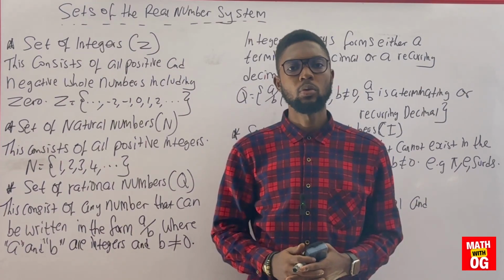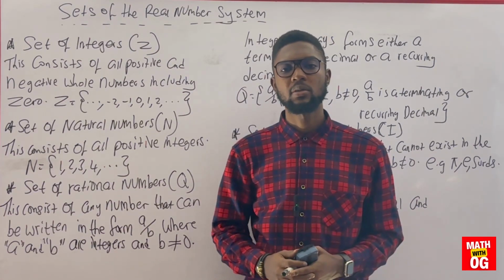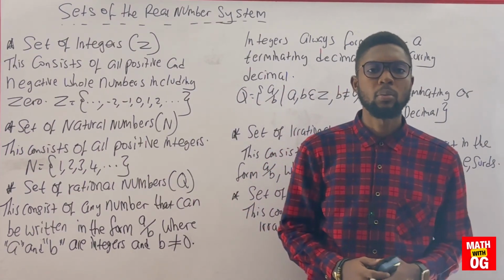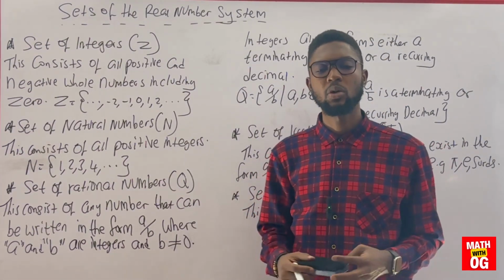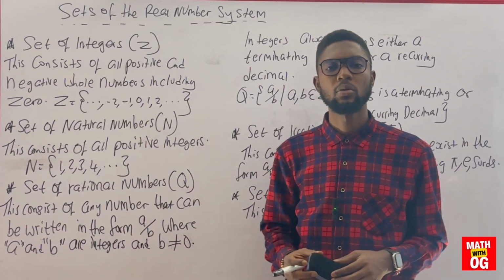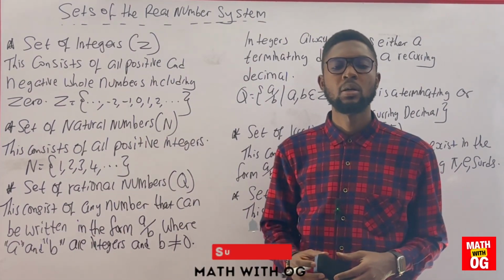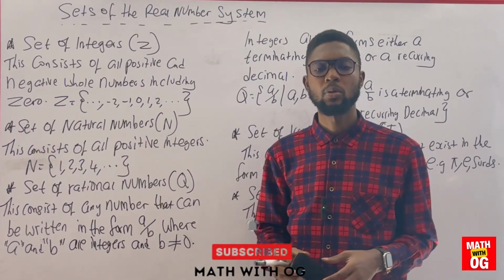In this video, we'll be looking at the set of real number system. Now, when we talk about real numbers, this has to do with all the numbers you must have known right from your kindergarten. Think your kindergarten, the only numbers you knew were whole numbers, that's positive whole numbers.